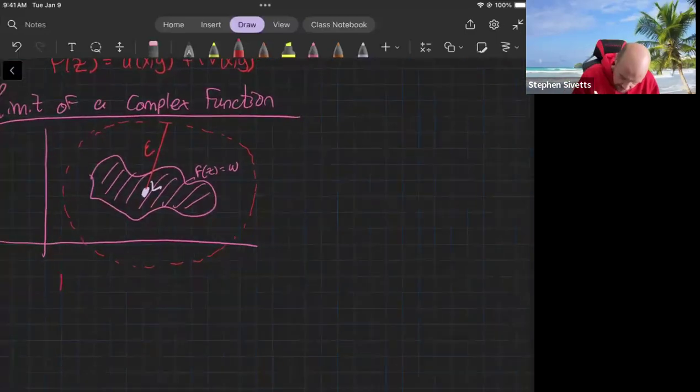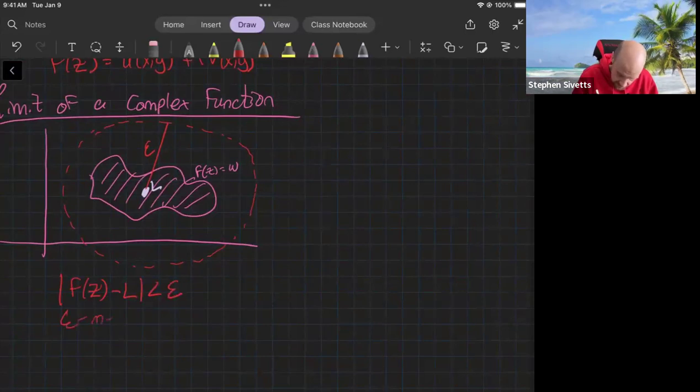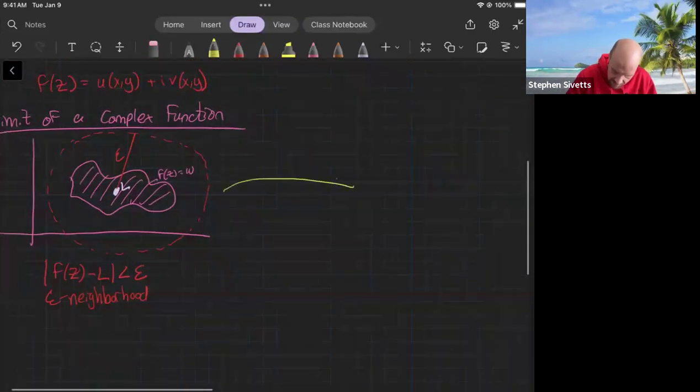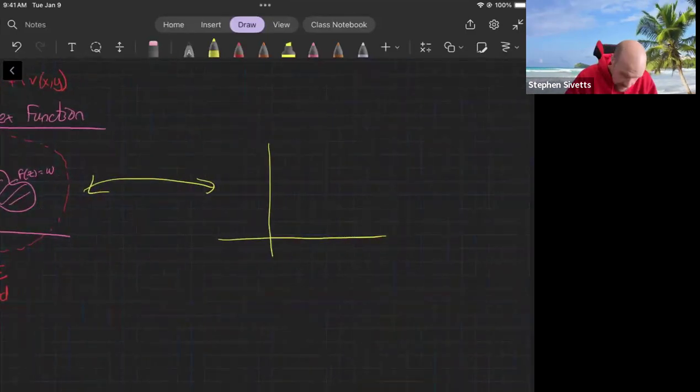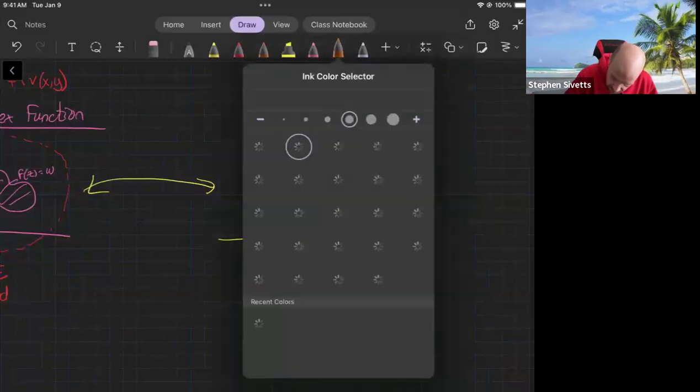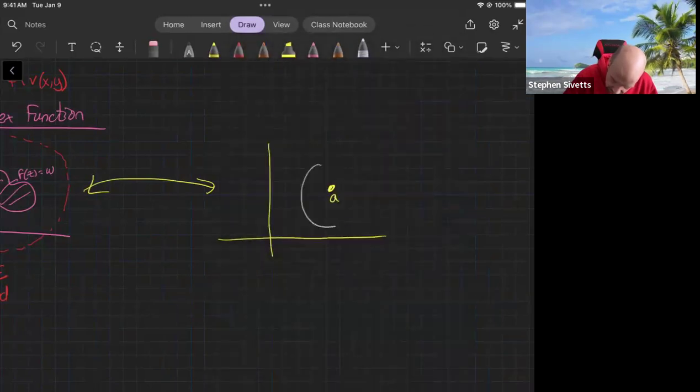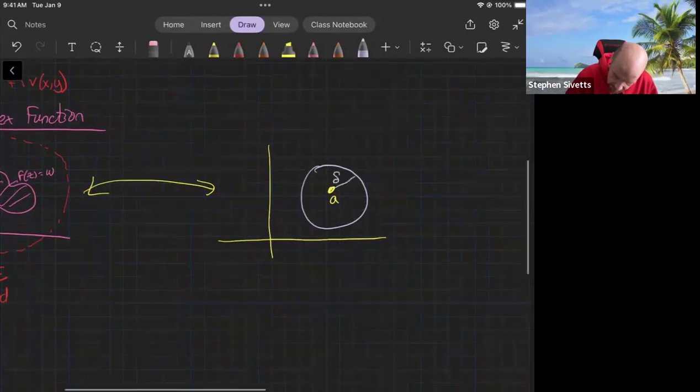So this time, this would be the circle where the absolute value of f of z minus L is less than epsilon, right? So this is the epsilon neighborhood, neighborhood being a disk. Okay. And then the call and response action would be, if I have a point a, so this time we will have what's called a delta neighborhood.